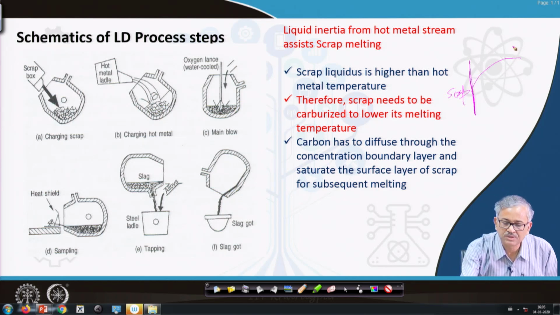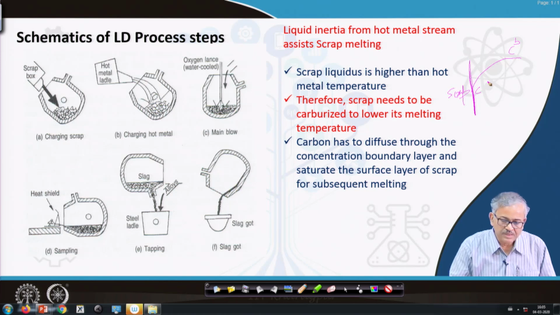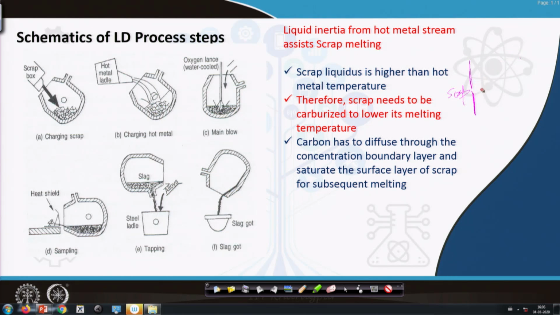Carbon has to increase at the surface. Carbon is higher in the bath, and in the scrap it is lower. So, here it is lower.